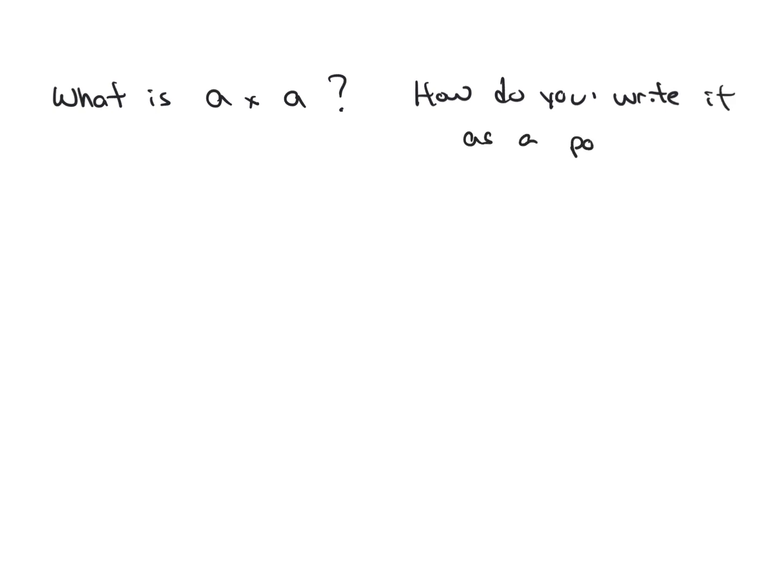The answer to that would be A squared. So that's what we learned yesterday, the power notation. A is called the base, 2 is called the exponent, and the whole thing, A squared, is called the power.